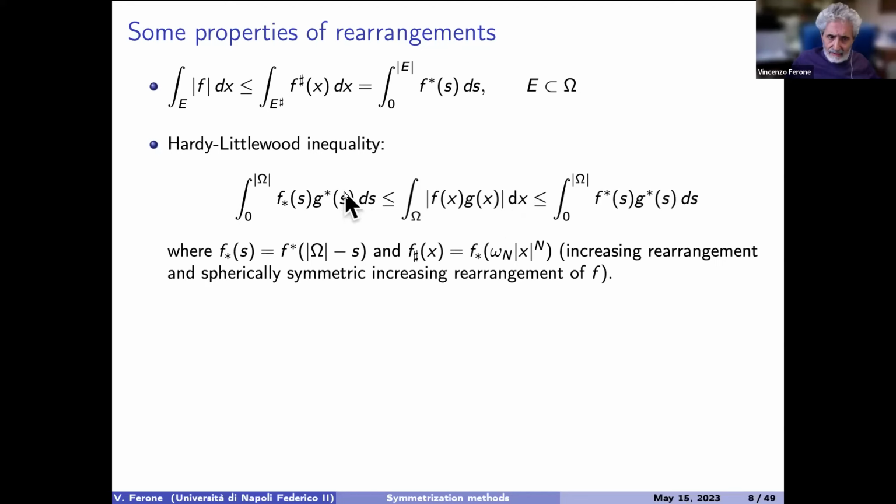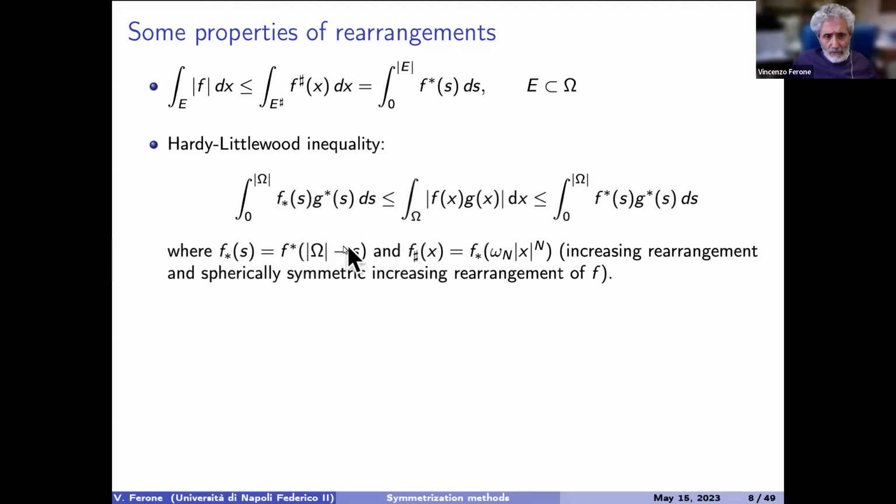And it decreases when you perform a dual operation on the symmetrization, in the sense that on the left-hand side I have the product of G star up and F star down. And F star down is what is known as the increasing rearrangement, and is defined as F star down of S equal to F star up of (measure of omega minus S).